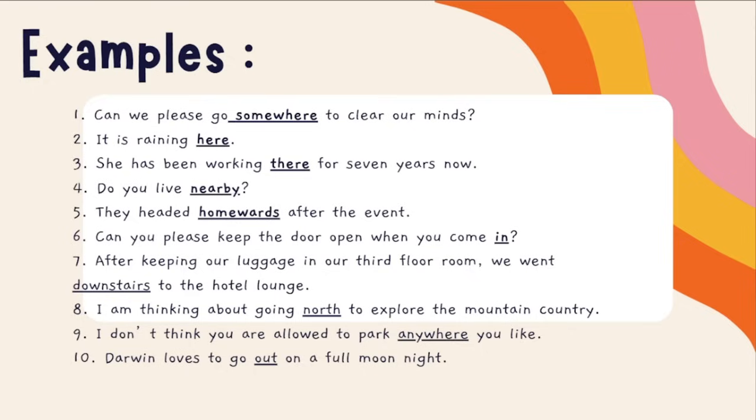Somewhere is our adverb of place. Another one. It is raining here. So, where does it rain? It answered the question where. The answer is here. So here is our adverb of place.